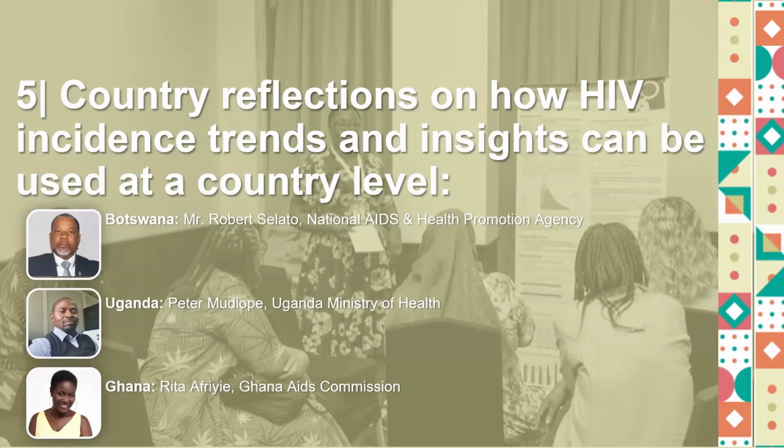We have actually developed an HIV prevention roadmap that is aligned to the Global HIV Prevention Coalition 2025 roadmap. The intention is that we accelerate HIV prevention in the country to address the bottlenecks and gaps identified by the global HIV incidence data that we have seen.